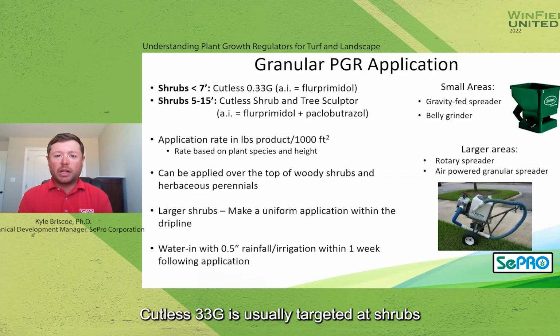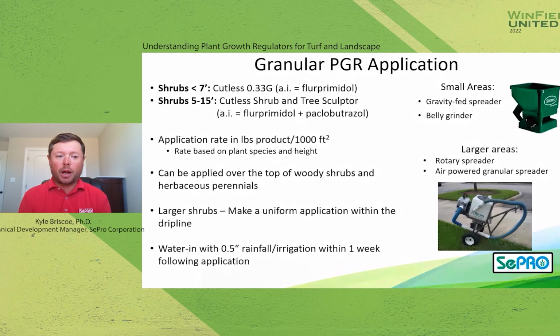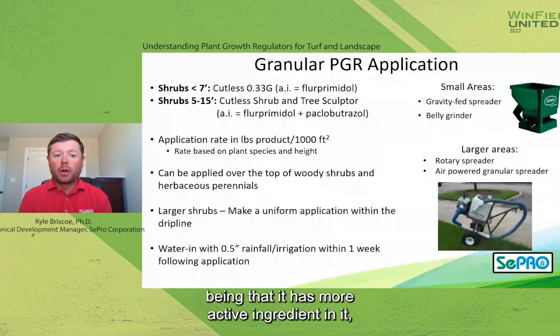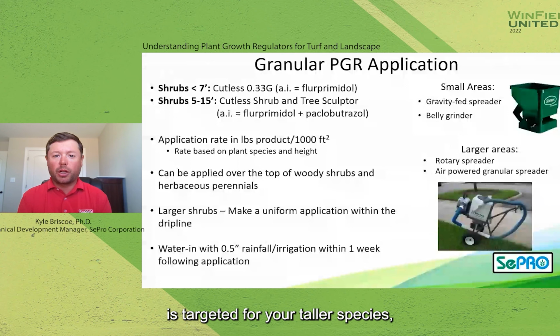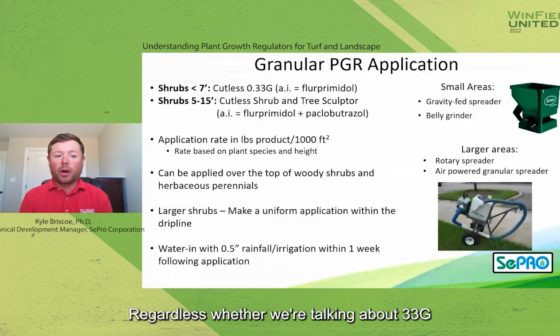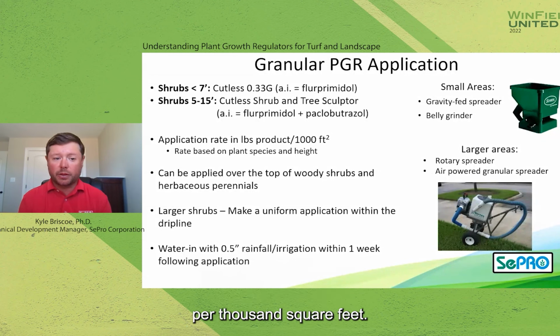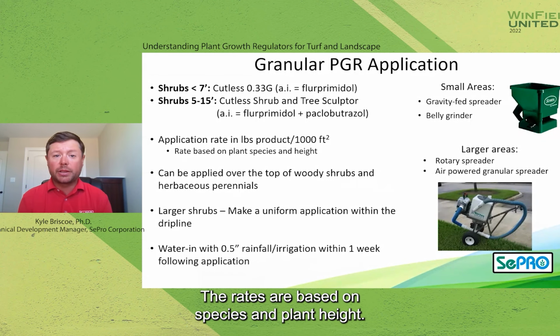Cutlass 33G is usually targeted at shrubs less than 7 feet. And then the Shrub and Tree Sculptor, being that it has more active ingredient in it, is targeted for your taller species, so 5 to 15 feet. Regardless of whether we're talking about 33G or Shrub and Tree Sculptor, the application rates are in pounds of product per 1,000 square feet. The rates are based on species and plant height.